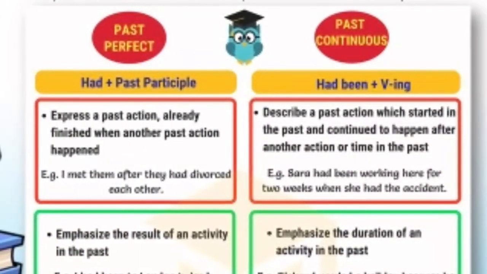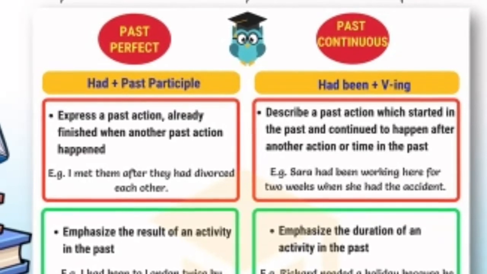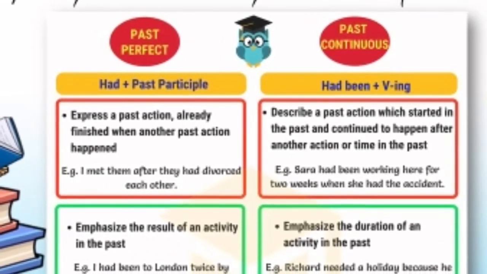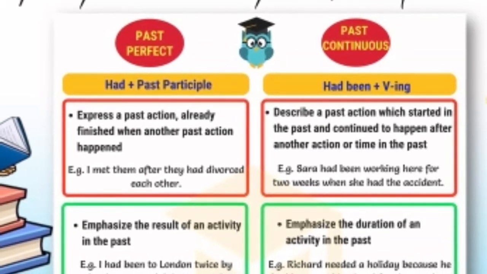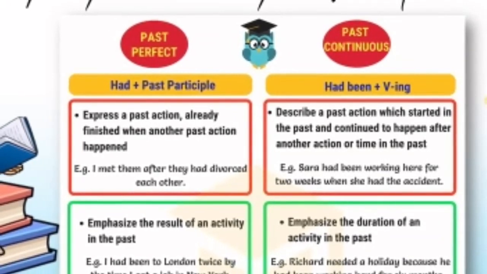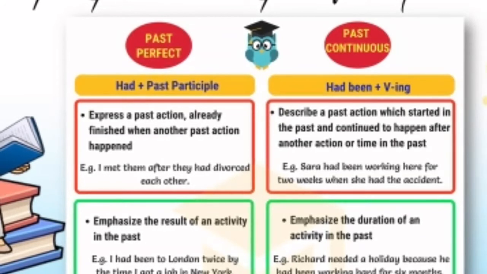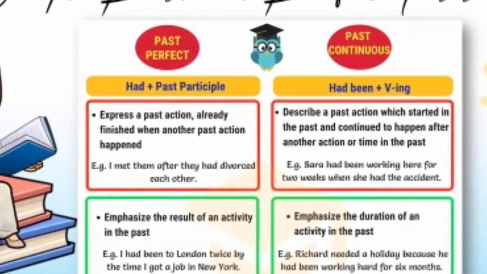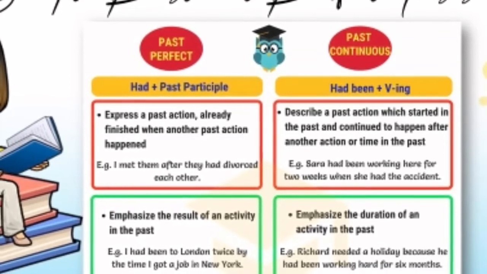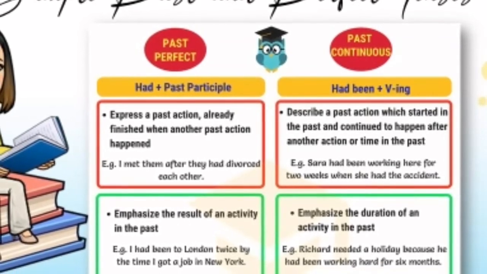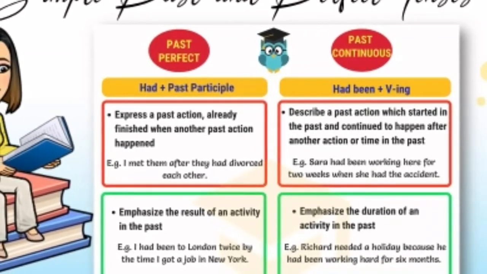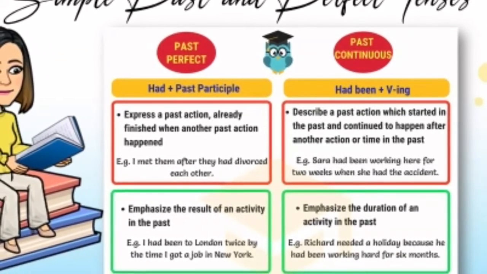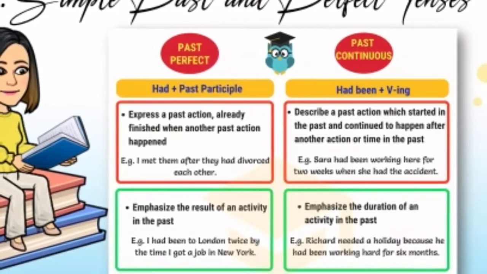Let us have the ordinary form in the past perfect tense. The first one is to express a past action already finished when another past action happened. Example, I met them after they had divorced each other. The second one emphasizes the result of an activity in the past.